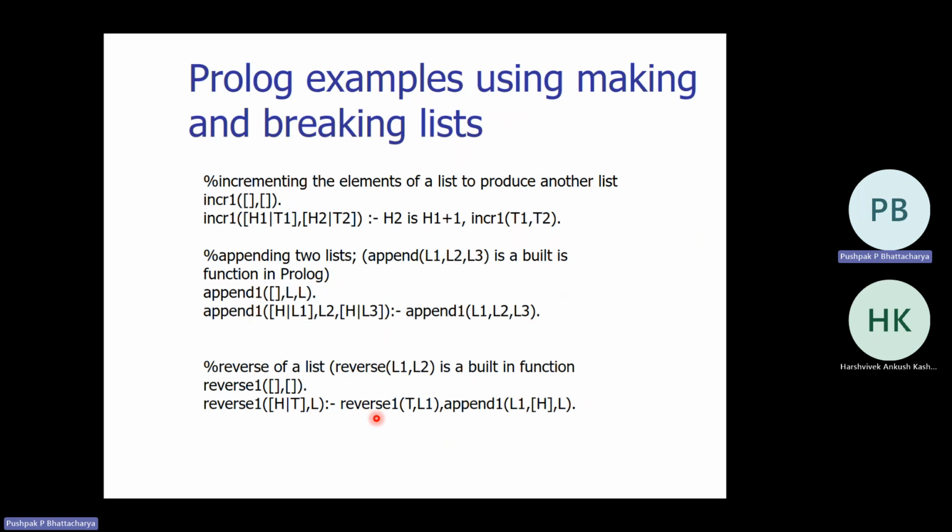So reverse is called on T and L1, and append L1 to the list H and L. So you have the head of the input list, the tail of the input list, and L1 contains the reverse of the tail here. That's how this reversing will happen by calling append.